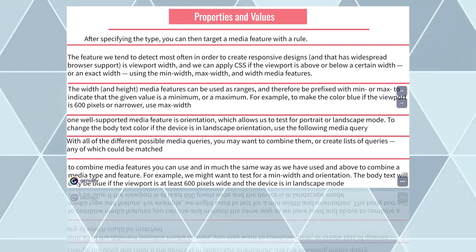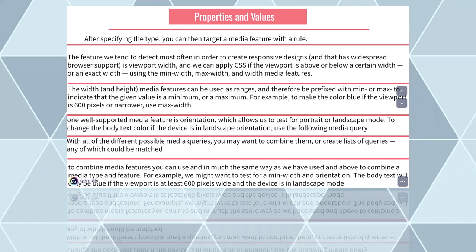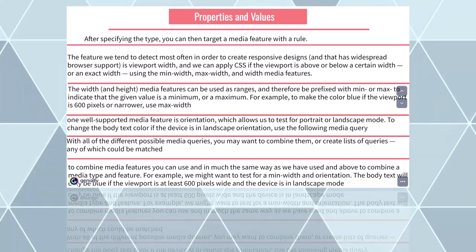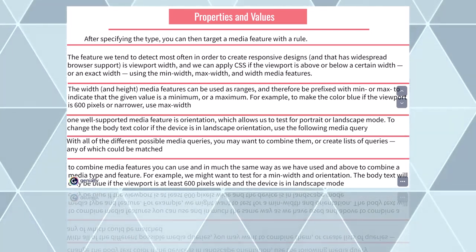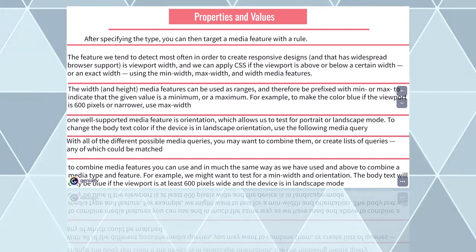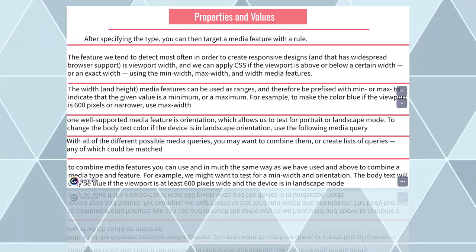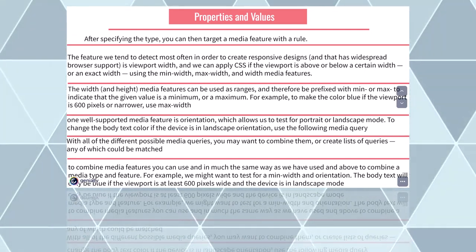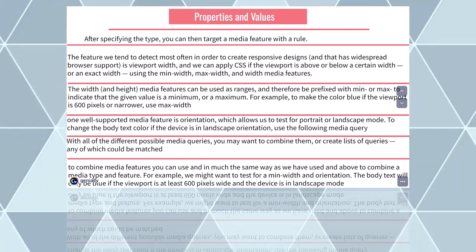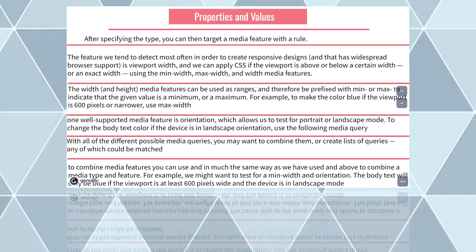The width and height media features can be used as ranges and therefore be prefixed with min or max to indicate that the given value is a minimum or maximum.